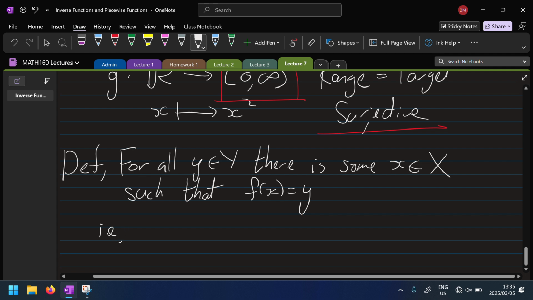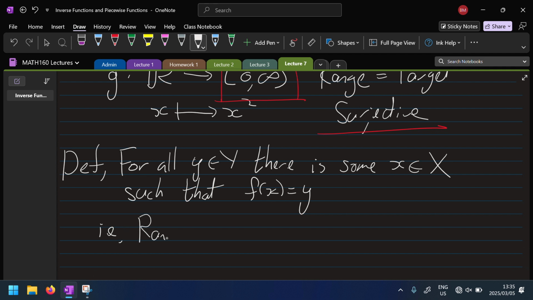And we can write this a little bit differently as the range of f. A little bit of notation. We can also write the range of f as f, where we put the domain as the input. Okay, this is just notation. We're not putting the domain into the function or anything like that. We just take it as a symbol like that. It's just notation. Okay, please don't start plugging sets into x squared.